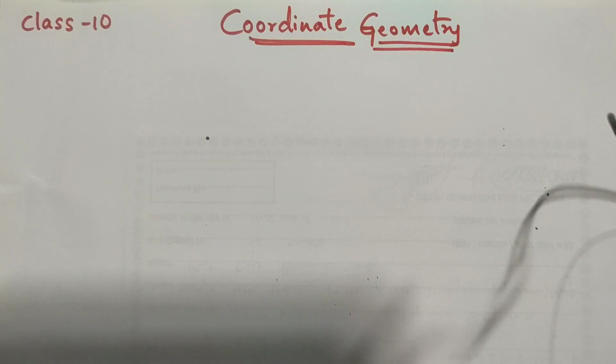For example, if you consider any point on the plane, to identify or give the position of that point, we use two numbers. We use two numbers with respect to two mutually perpendicular number lines. Perpendicular number lines means one should be horizontal and the other vertical.